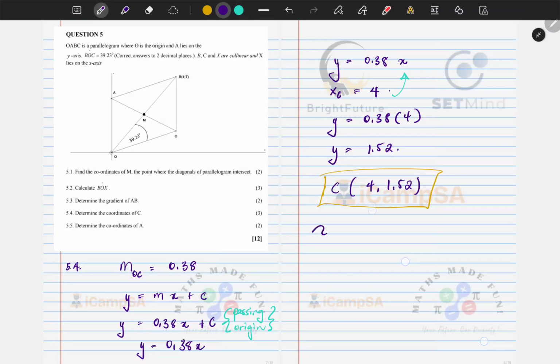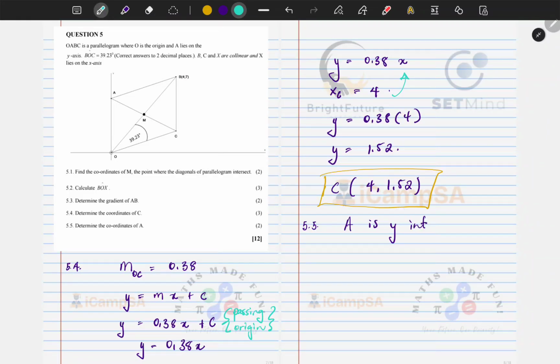So now let's look at 5.5, right? So in order for us to find the coordinates of A, we are just going to start here, right? So remember, A is a y-intercept, right?